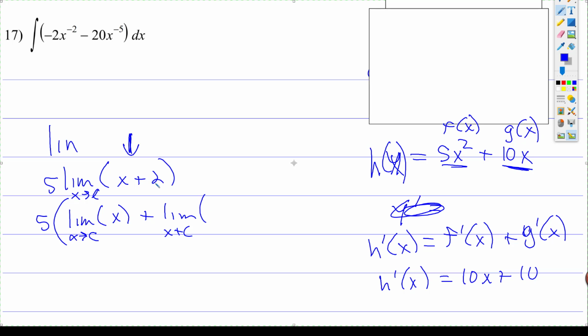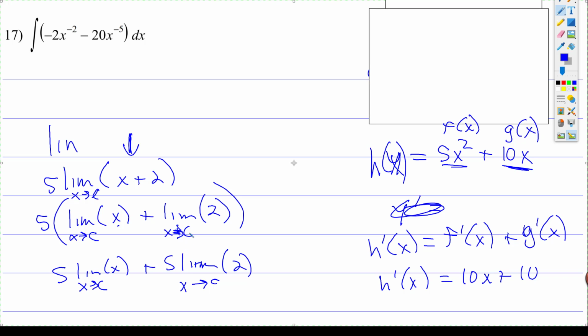The limit of a sum is the sum of the limits, and then you do the distributive: 5 times the limit of x as x approaches c, plus 5 times the limit of 2 as x approaches c. That's an arrow, not a plus sign.